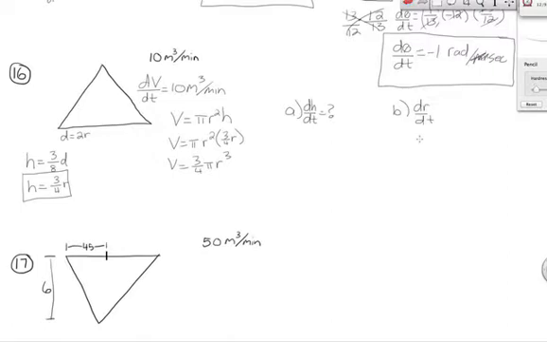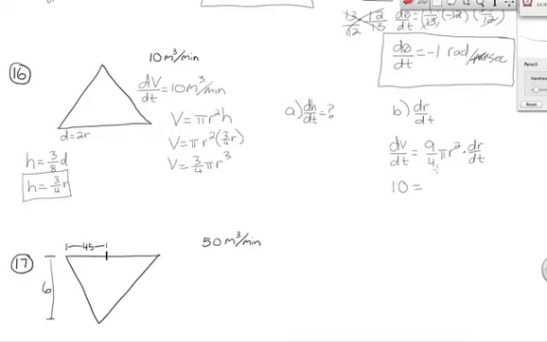Alright, so finding the derivative would be dV/dt equals 3/4 pi, which is all constant, so we have a constant multiple rule. So the 3 comes down, making it 9/4 pi r squared times dr/dt. dV/dt is 10.